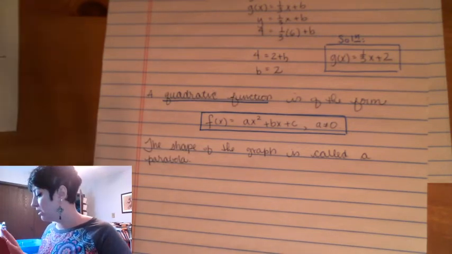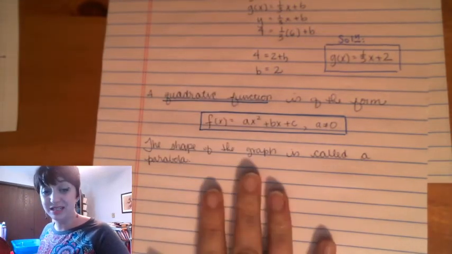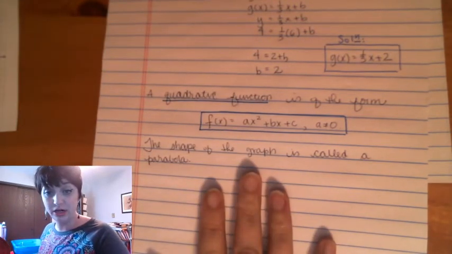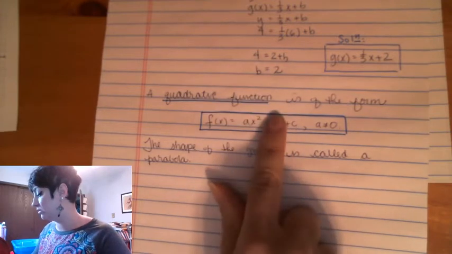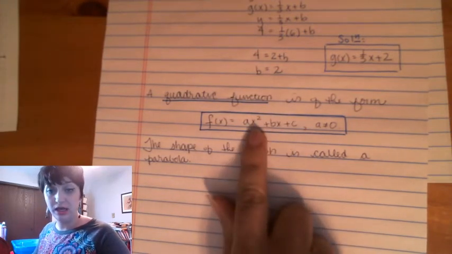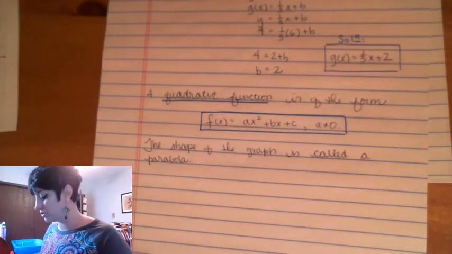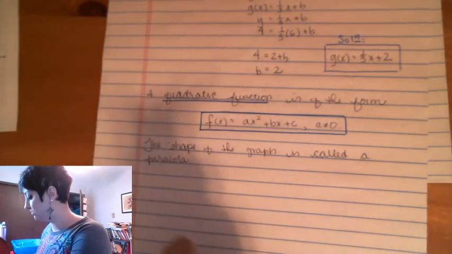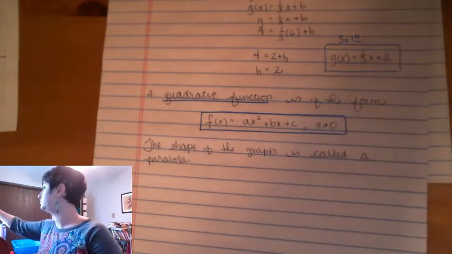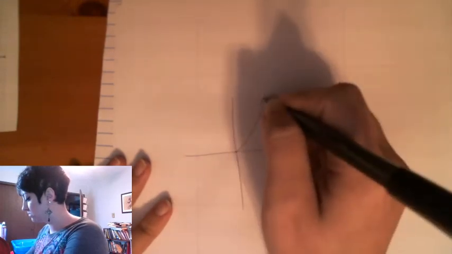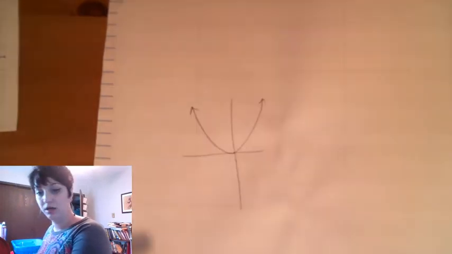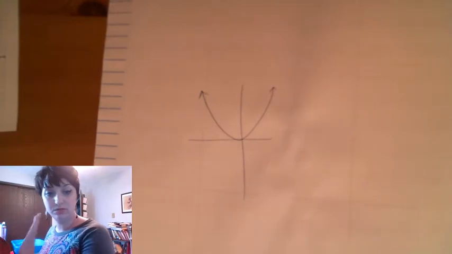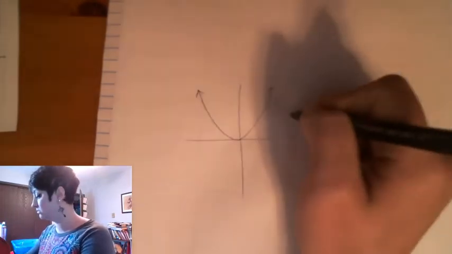The most basic quadratic you could have is where there was no b or c and a was just 1. Here's your x squared. This is what they look like, basically.